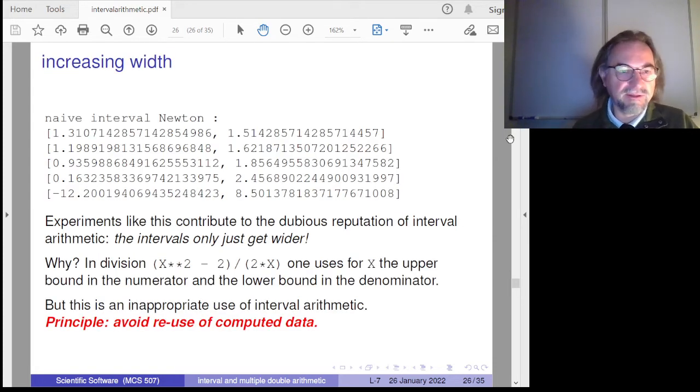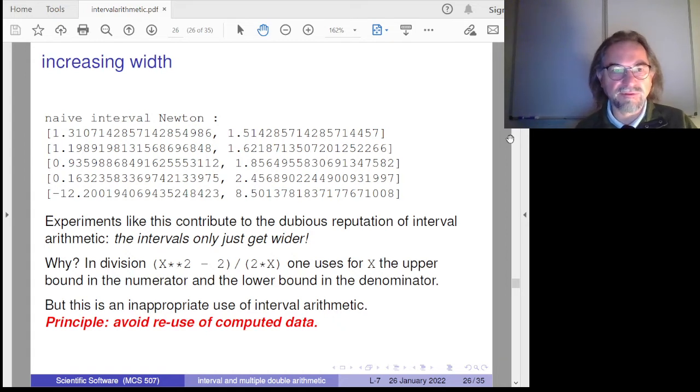But here you see again the dubious reputation of interval arithmetic. As soon as you use interval arithmetic, the main question, in order to make it make sense, is how wide the intervals are getting? And it can get extremely bad. The intervals can get wider and wider.